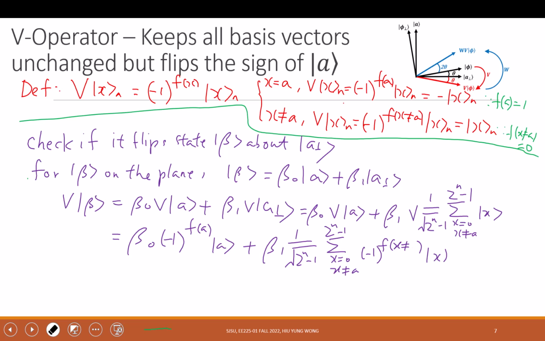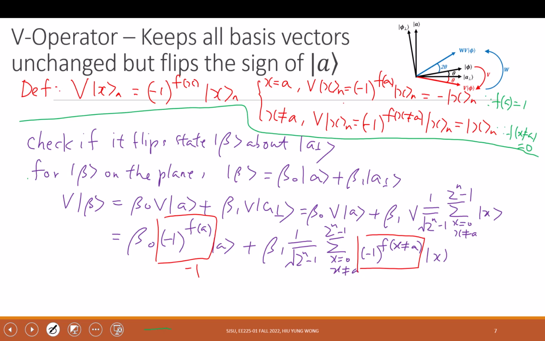But what is this value? Let me just save the writing. What is this one? Negative 1 to the power f of A is negative 1. How about this term? Negative 1 to the power f of x, with x not equal to A, is 1, because they are all 0.